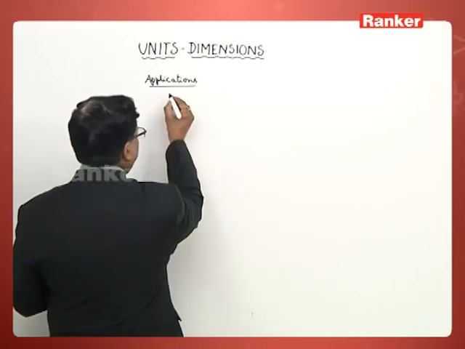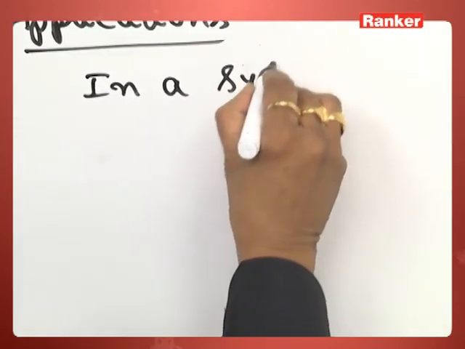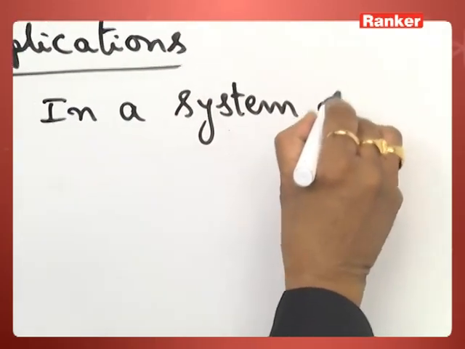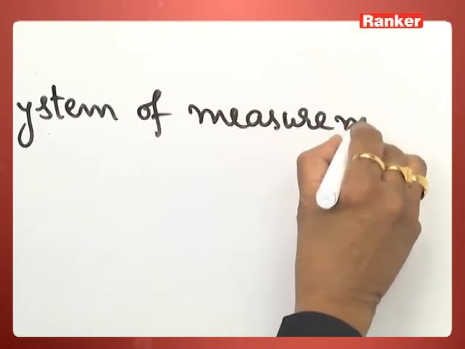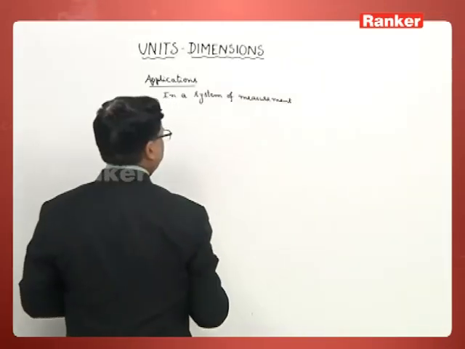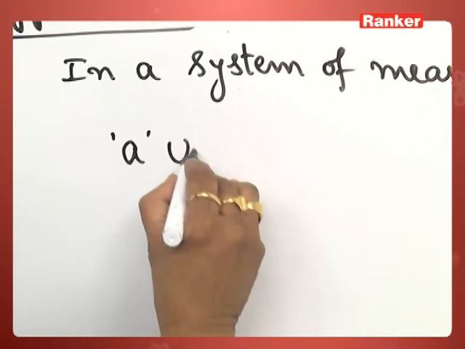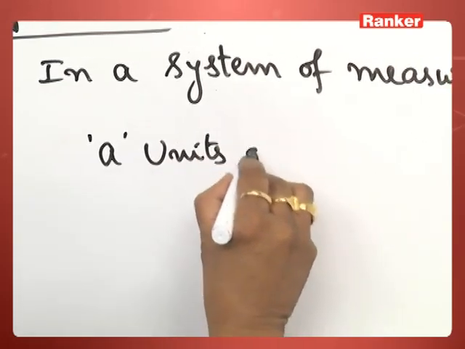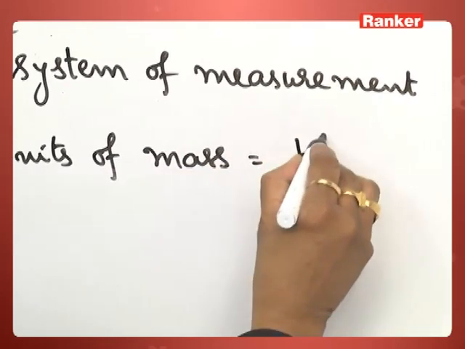The question is given once again this way: in a system of measurement, it is given that A units of mass is equal to B kg.